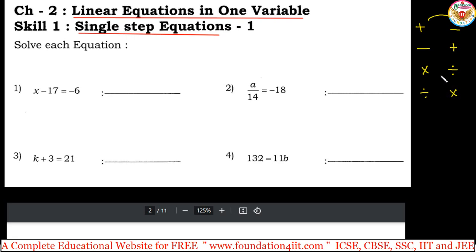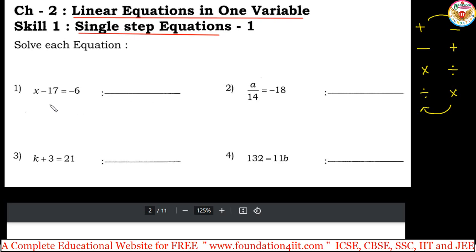Positive becomes negative, negative becomes positive. The same way vice versa. This is the pattern to remember.